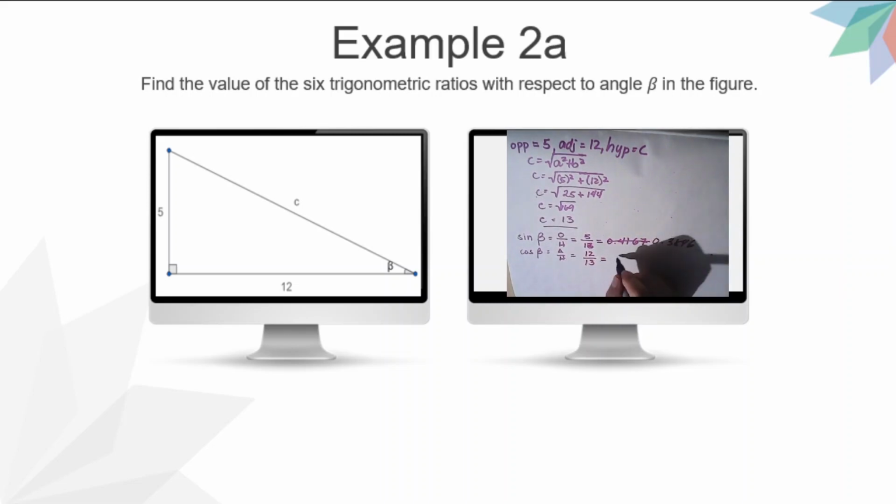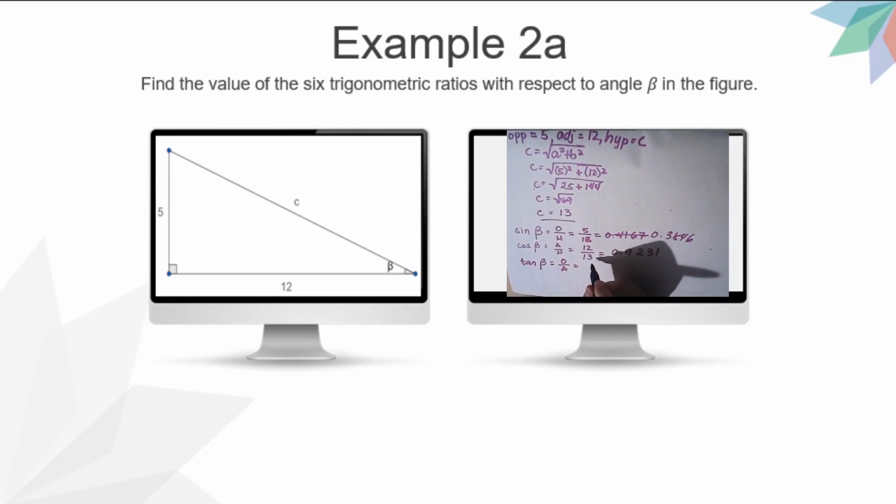And that is giving us 0.9231. Now, tangent beta, which is opposite over adjacent, so we have 5 over 12, which is 0.4167. Now, we will be getting the reciprocal ratios.